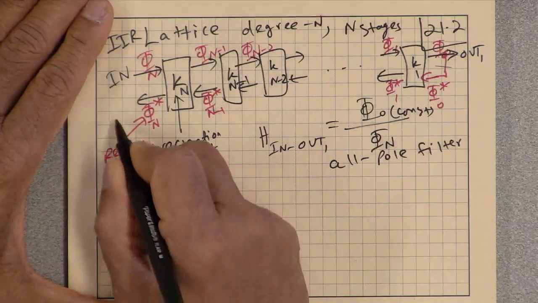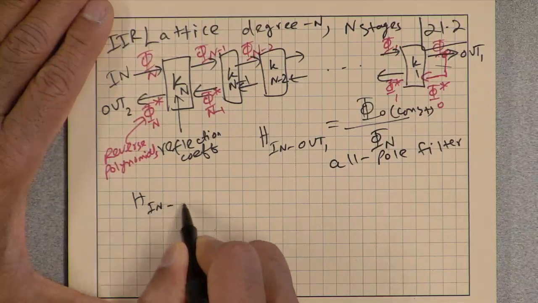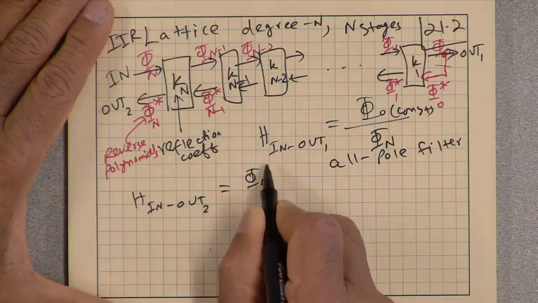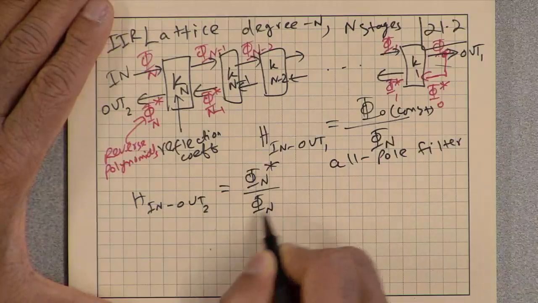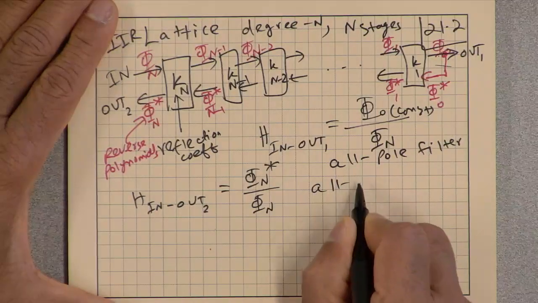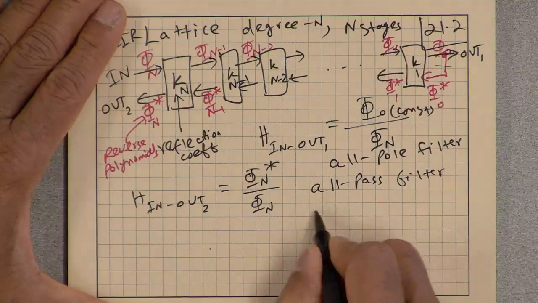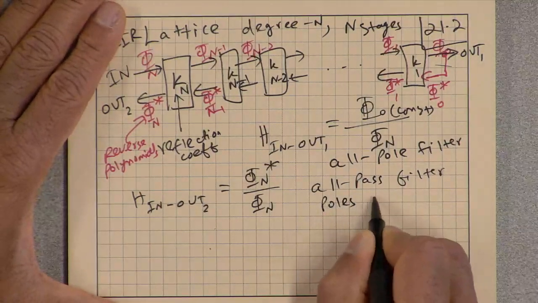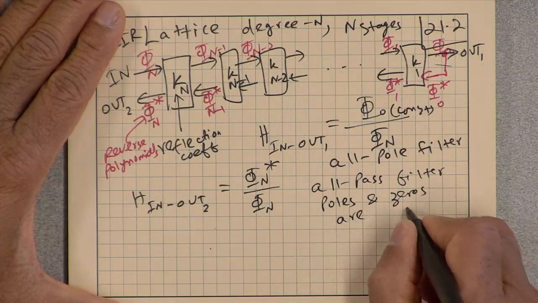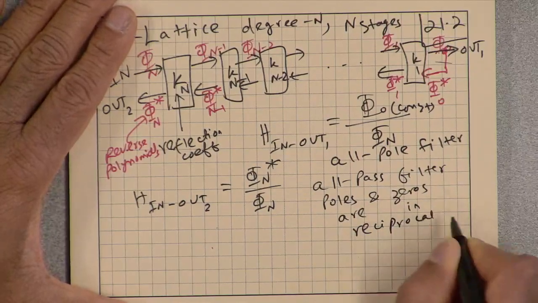But let me just write down, if this was the output, the transfer function from input to output 2 would be phi n star by phi n, and that reverse polynomial, I'll talk about that in a minute. This would be what is called an all-pass filter, and I won't get into a lot of details, but essentially the poles and zeros are in reciprocal pairs.